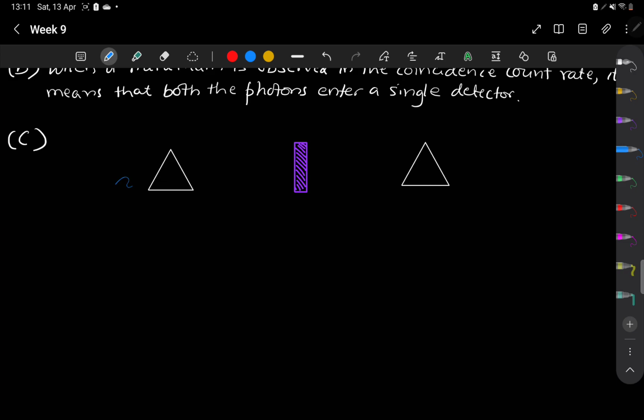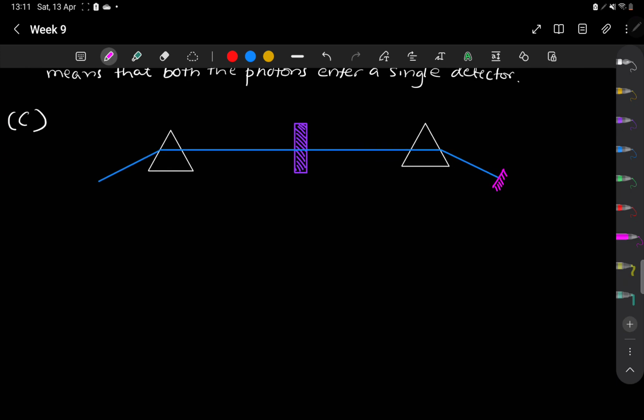And what we have is a pump beam coming from here, gets deflected by the prism, and there's a mirror over here, and then SPDC down conversion can occur, and it will go all the way.